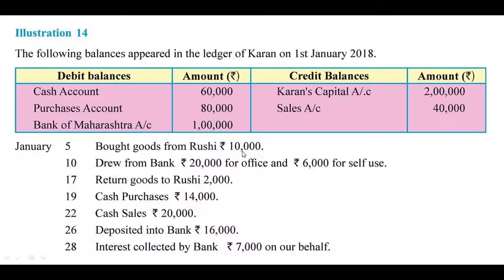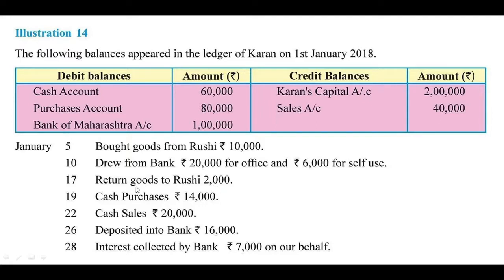Then next 17th January, return goods to Rushi rupees 2,000. Now earlier Karan had purchased goods from Rushi. Out of that some goods he is returning. So goods go out of the business while Rushi becomes the receiver of the goods.